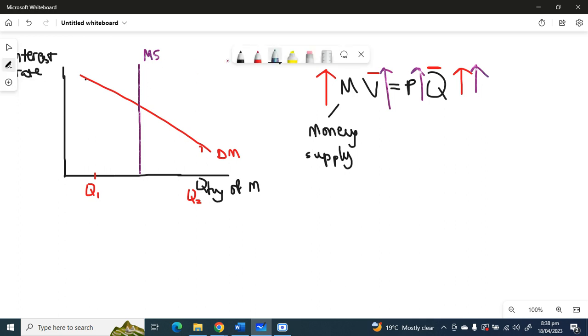So we're going to see now with the graphs how expansionary fiscal policy, what happens, and when there's a contractionary fiscal policy. So we're going to first have to also use the aggregate supply, aggregate demand graph so that we can also see the whole picture.